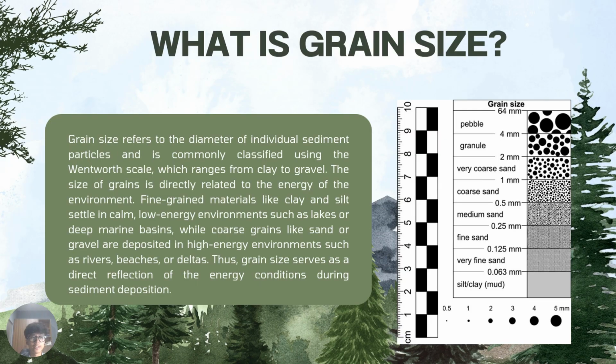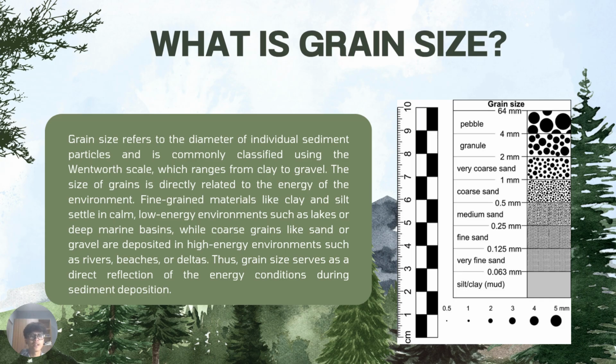First, the grain size. Grain size refers to the diameter of individual sediment particles and is commonly classified using the Wentworth scale. For example, like in the picture on the right side, which ranges from clay to gravel. The size of grain is directly related to the energy of the environment.